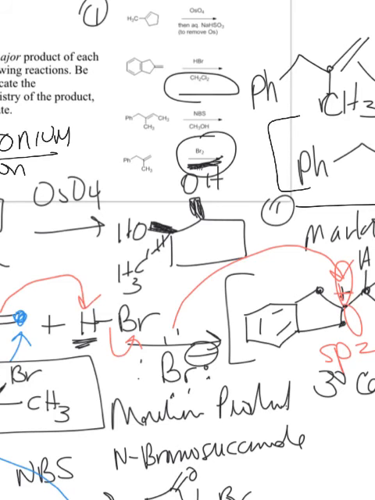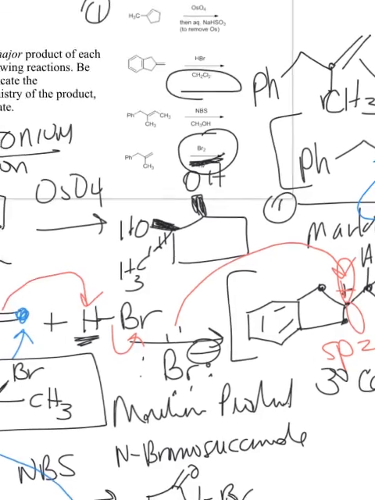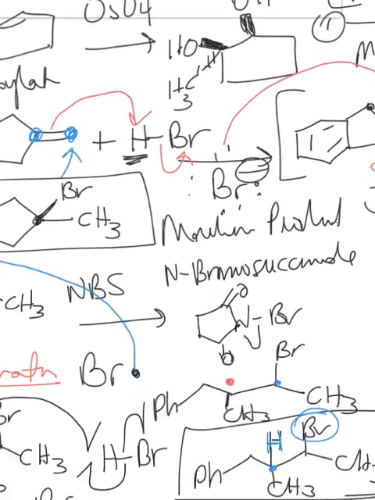And let me tell you why. Because you have a plus charge here. And so this is positive. This is going to be your more stable positive carbon because it's more substituted. So that's your tertiary. The other one is a secondary. And so when that happens, it opens up and you get anti-addition because it comes in from the back side.